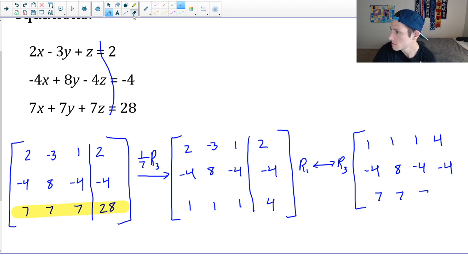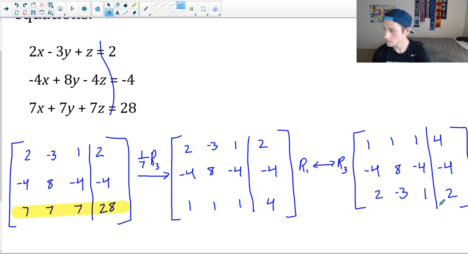Or wait, oops, I'm looking at the wrong thing. And row 3 now becomes 2, negative 3, 1, 2. All right, so my first goal has been achieved, which is to get this number to be a 1.